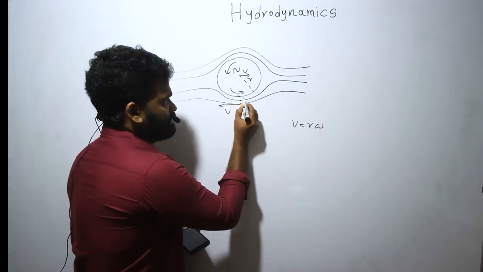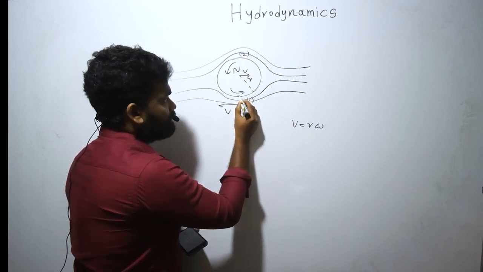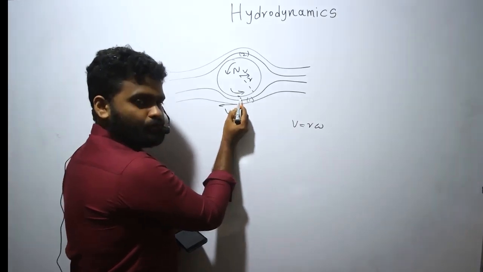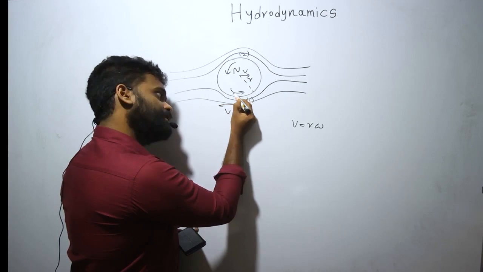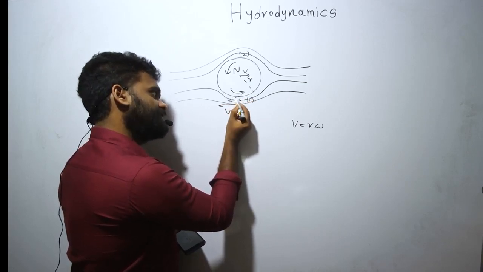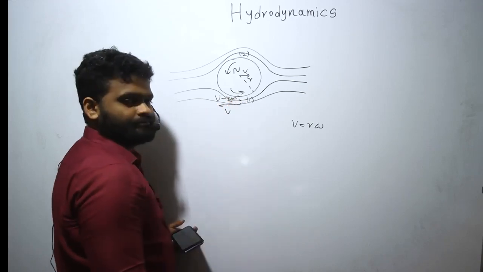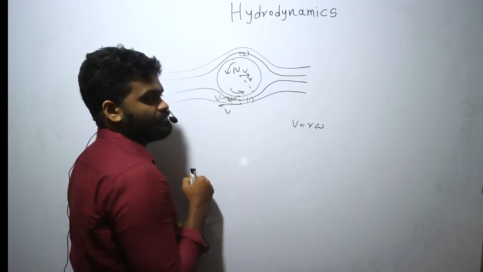So here the velocity, let's say this is first point, second point. Here the velocity is what? The streamline is trying to move at v to this side, but the ball is rotating this side. So the net velocity here is going to be v minus r omega. Air particles here will have velocity v minus r omega.